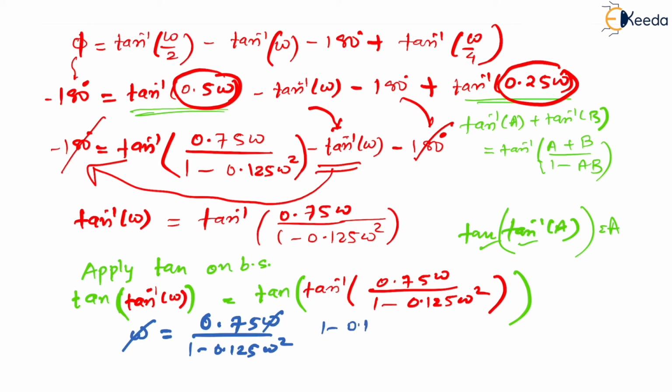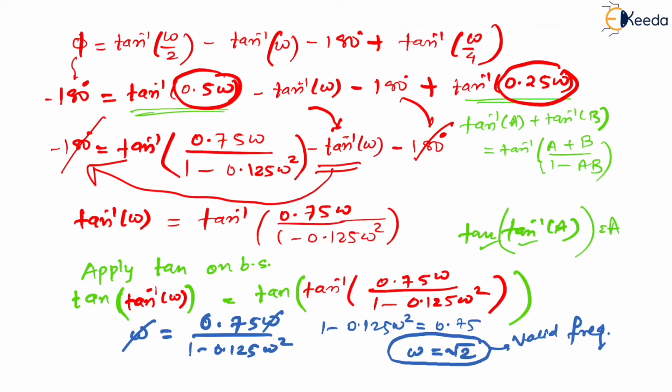If I keep it this way, I get 1 minus 0.125 omega squared equal to 0.75. If I solve this, from the calculator you will get omega equal to root 2, which is a valid frequency.